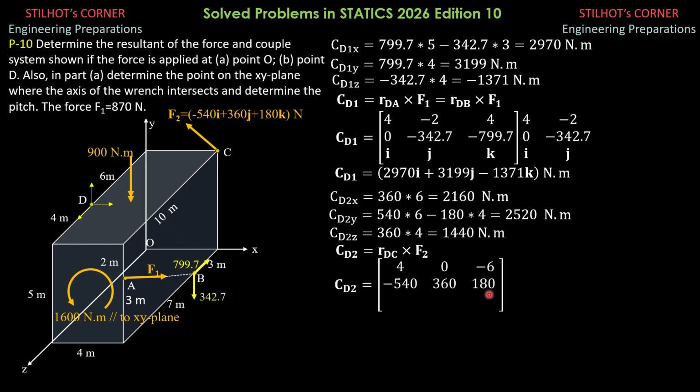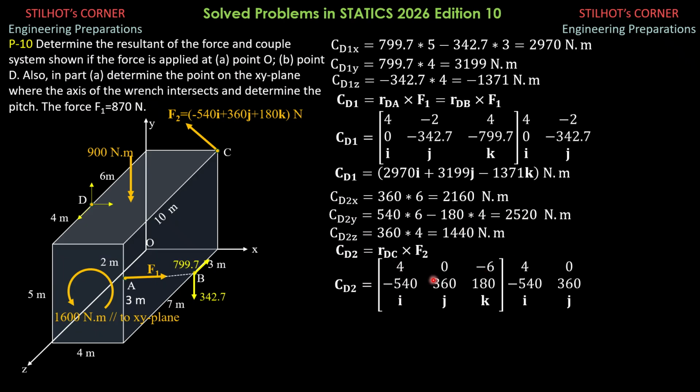Then components of F2, unit vectors, copy the first two column elements. So we have for I, 0 minus negative, so that's positive 360 times 6, and that's the same as that. For J, we have positive 6 times 540, or 540 times 6, then minus 540 times 6 minus 180 times 4, which is this, which is equal to that also.